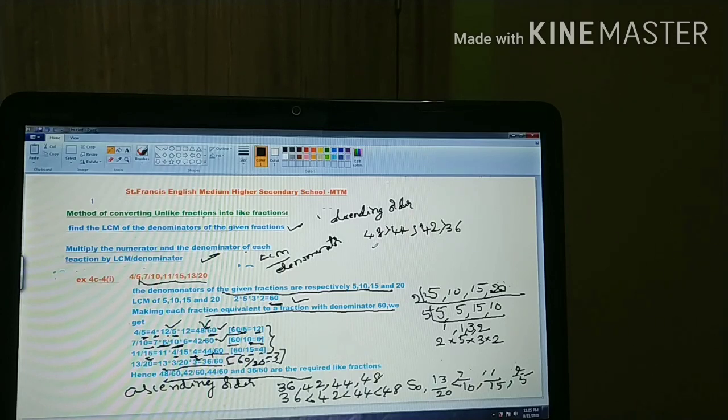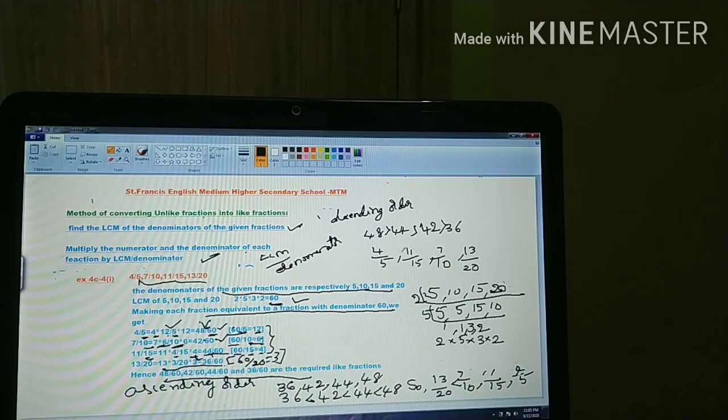Write down all the fractions once again: 4 by 5, 11 by 15, 7 by 10 and the last one is 13 by 20.